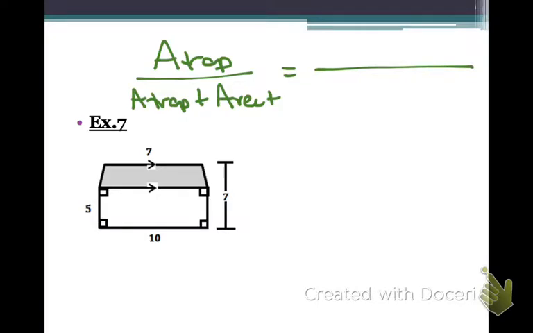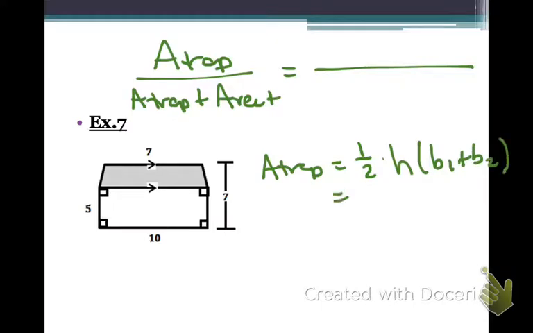So let's find our areas. Let's do the trapezoid. So 1/2 times height times the sum of the bases. That's your trapezoid area formula. Okay. The height is what? Remember, this is 5, so what's left here would be 2.